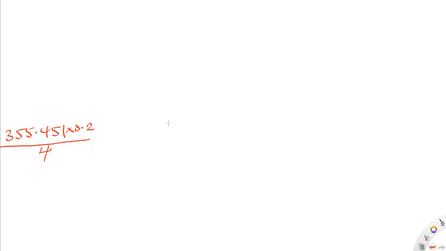You know that TE, the equivalent twisting moment, is equal to the square root of M square plus T square. All right, the bending moment square plus the torque square.